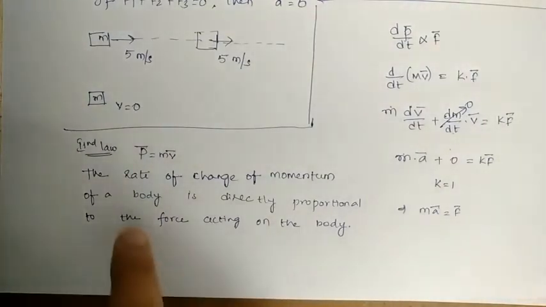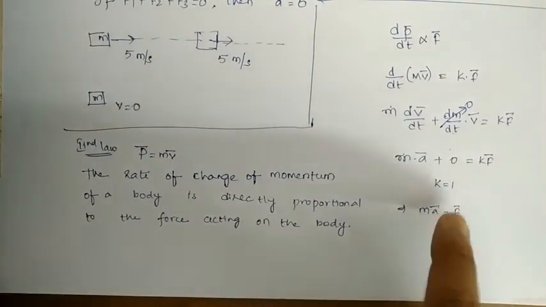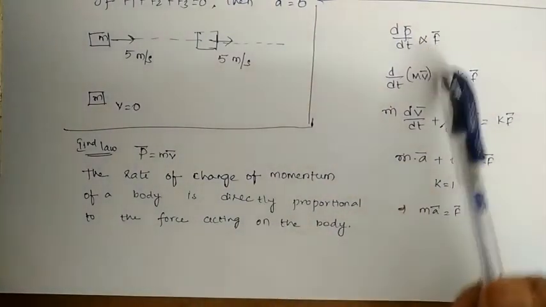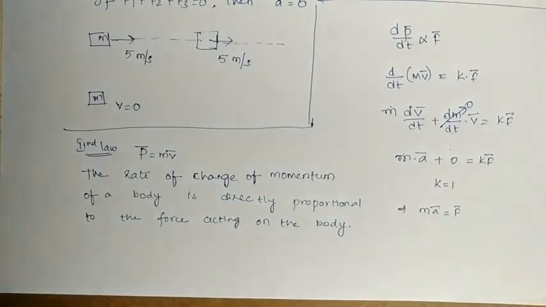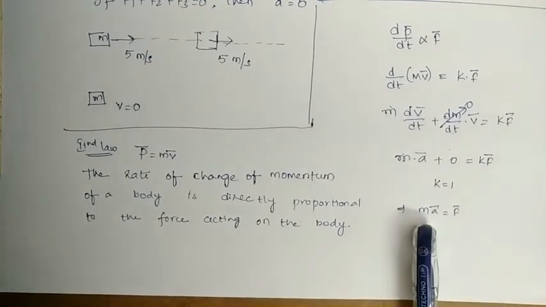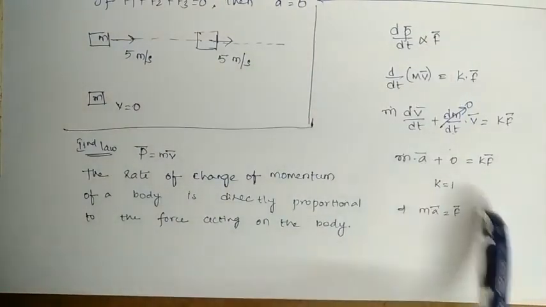So from the definition of Newton's second law, we have been able to get a relation between force and acceleration. Even if you don't understand the entire differentiation part, if you remember this relation between force and acceleration, it will be helpful in many cases directly.